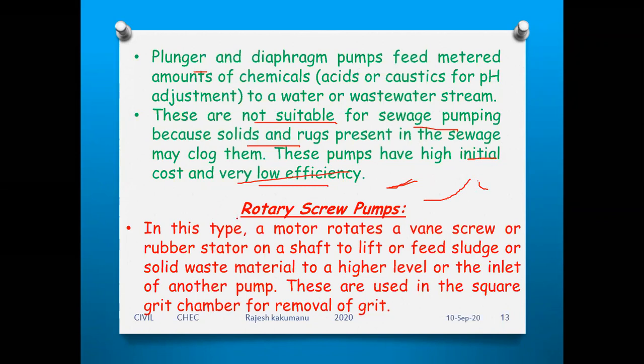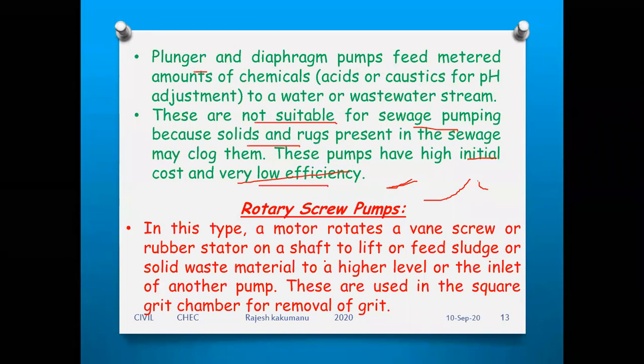Next, rotary screw pumps. In this type, a motor rotates a main screw or rubber stator on the shaft to lift or feed sludge or solid waste material to the higher level or inlet of the other pump. These are used in the square grit chamber for removal of grit.